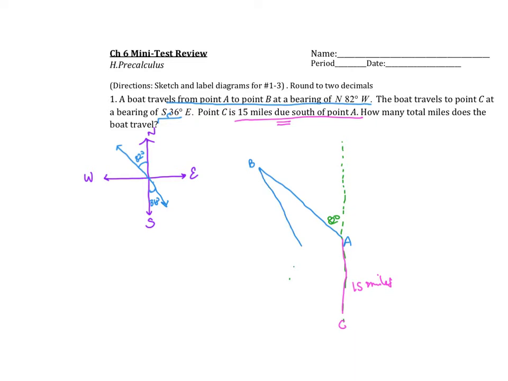So here is the direction the boat traveled, and the angle we're looking at is 36 degrees. We want to know how far the boat traveled. Just so you're looking at it, we're looking at the path from point A to B and B to C. It doesn't go back to point A.